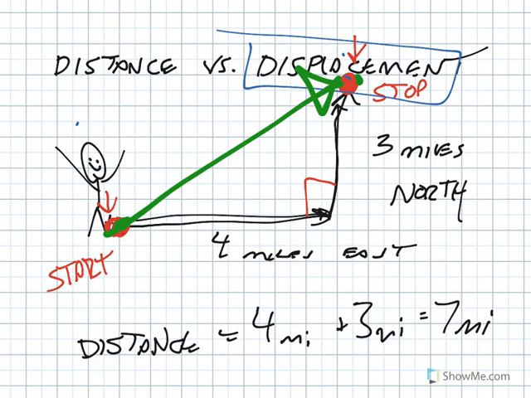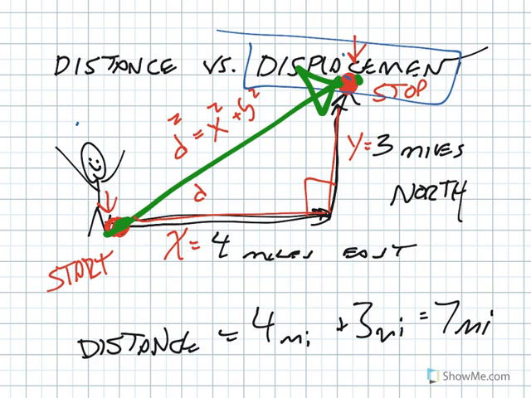If this is 4 miles and this is 3 miles, let's call this thing d, and call this x and this y. So d squared is equal to x squared plus y squared.